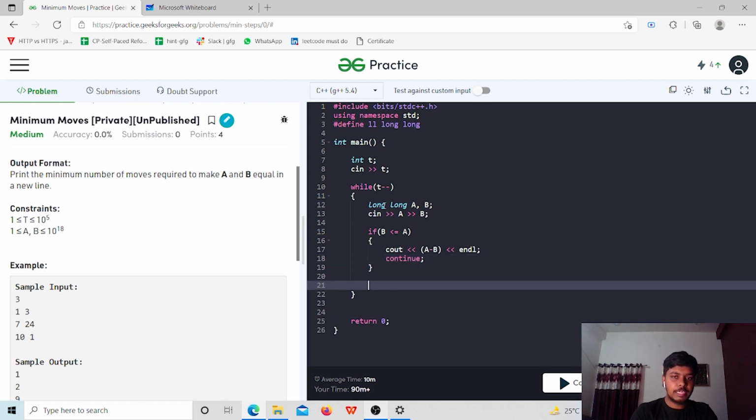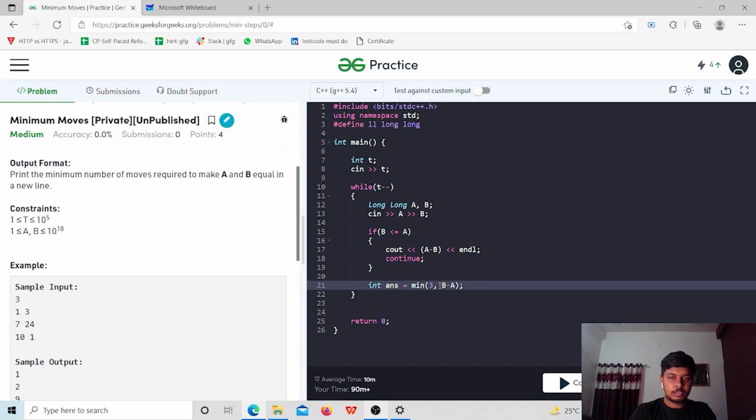But if it is not the case, then our answer will be the minimum of 3 and b minus a, as I have discussed, I can convert a to b in at most 3 operations, right? And it can be b minus a also, right?